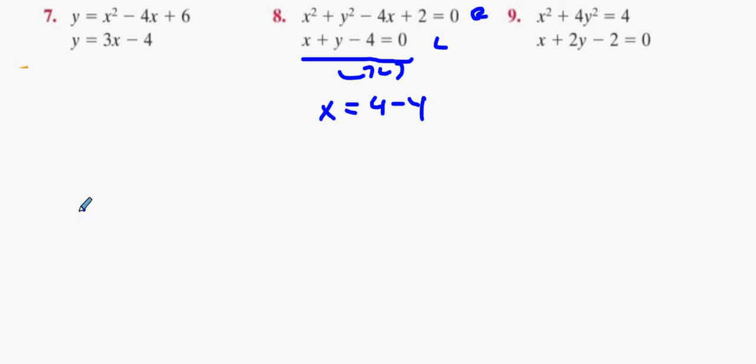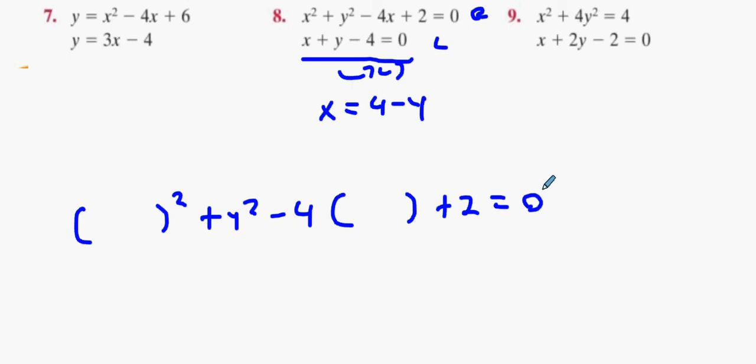Anywhere you see an x, what has to be there instead? 4 minus y. Now you got to multiply that out, get the two x values, and then get the two y values, okay? Enjoy.